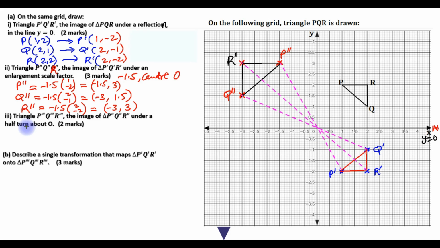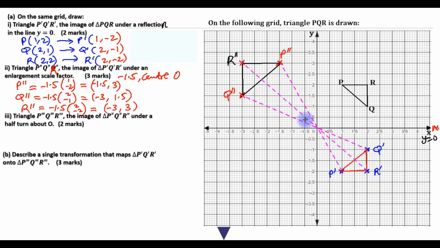Then triangle P triple prime, Q triple prime, R triple prime, is the image of triangle P double prime, Q double prime, R double prime under a half turn about the origin. So there is a half turn, or a rotation of 180 degrees about the origin.